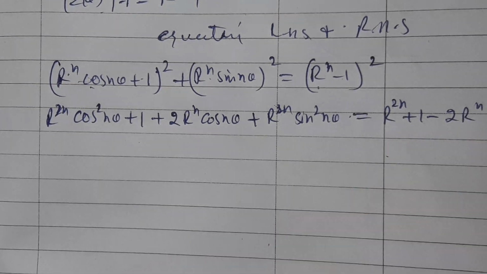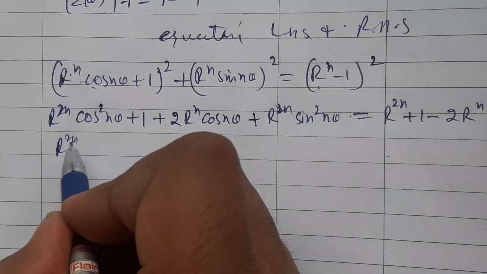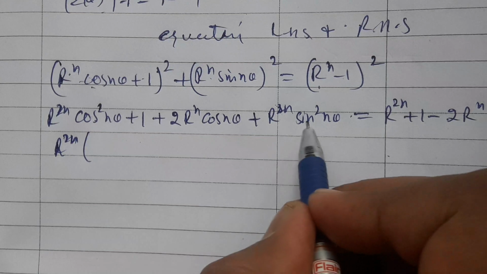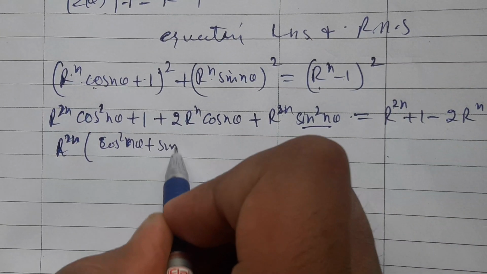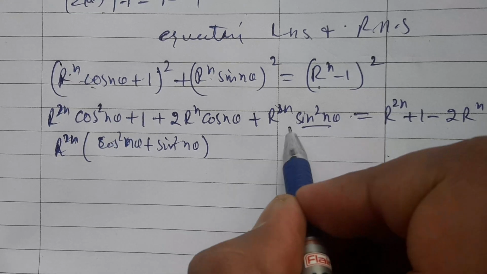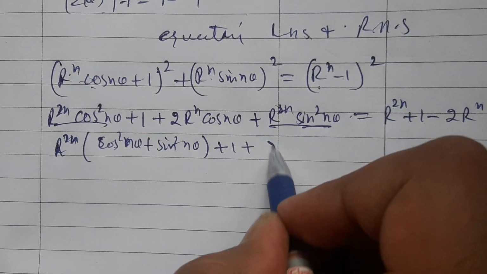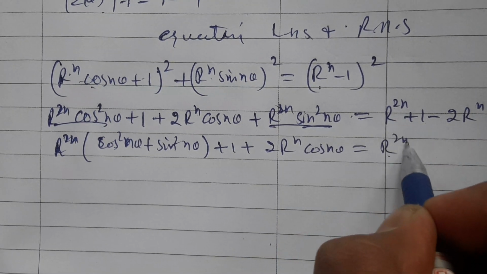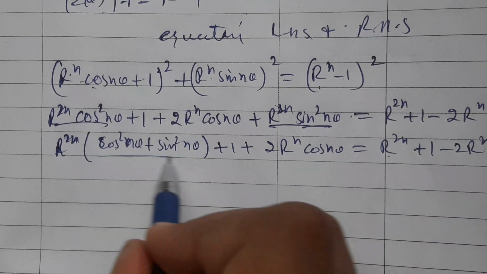Here I know that r2n times cos square n theta plus sin square n theta, these two terms I have combined here, plus 1 plus twice rn cos n theta equals r2n plus 1 minus 2 rn.